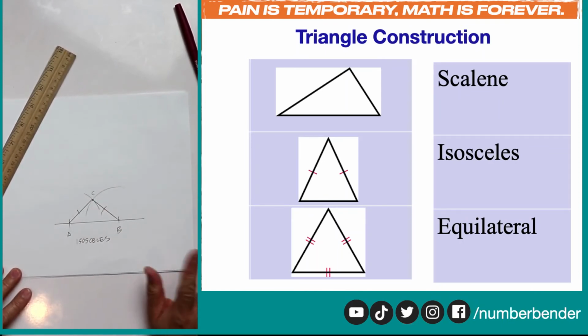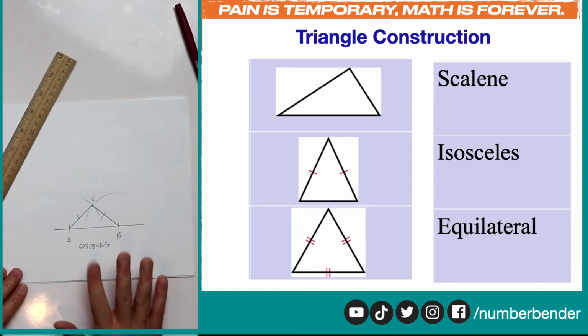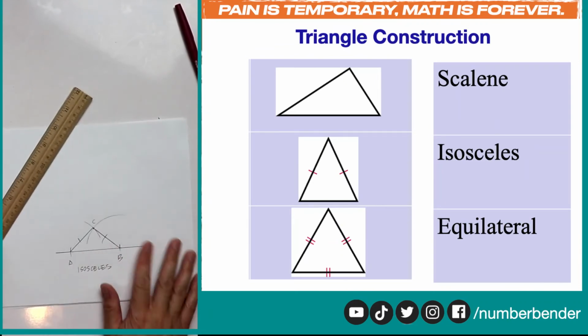So this is how we use our compass and straight edge to produce an isosceles triangle.